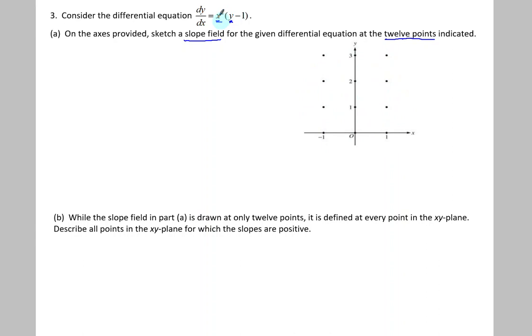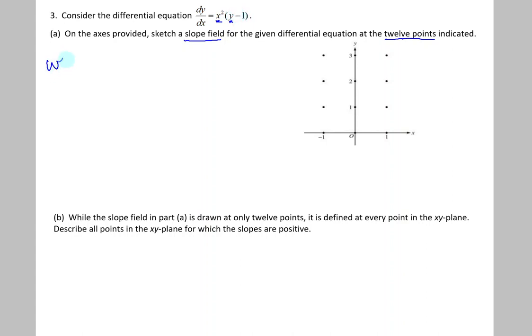Because this differential equation is dependent upon both x and y, we have to consider using both values at each of these points. I can do some thinking about what would be easiest and consider that because I'm multiplying this x term times this y term, if I make one of them 0, 0 times the other one results in 0.